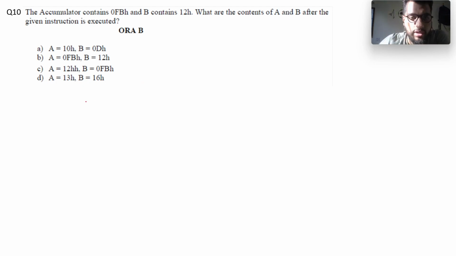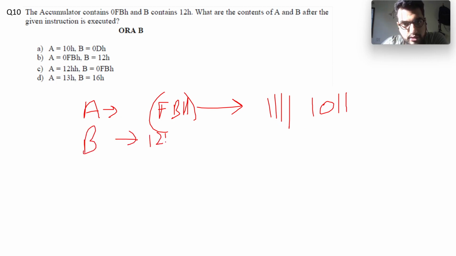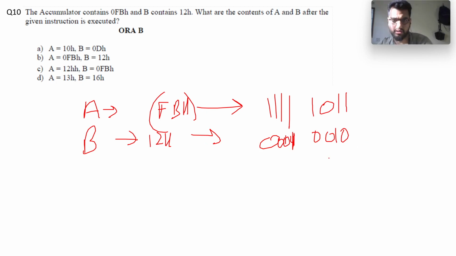A is FB hex. FB is 1111 1011, that is 8 plus 2 plus 1. B is 12 hex, so that is 00010010.